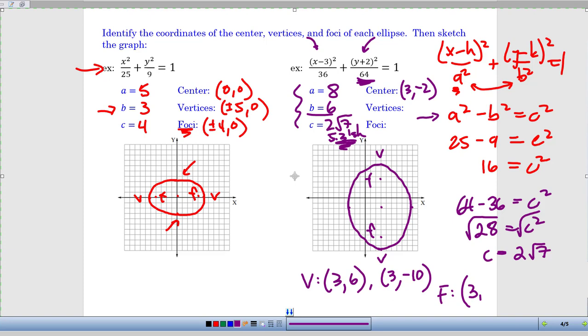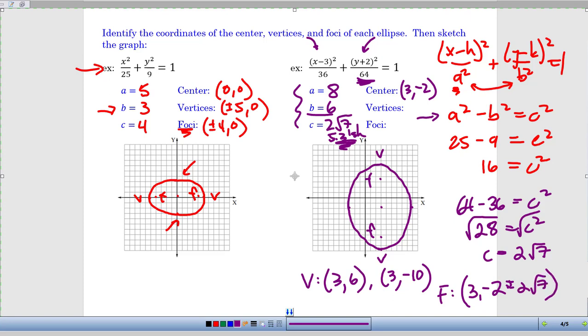And then from my center point, which is -2, I'm either going up 2 root 7 units, so that 5.3-ish, or I'm going down 5.3-ish, that 2 root 7. So the way I'm going to write it is 3, the x-coordinate, comma, -2 plus or minus 2 root 7.